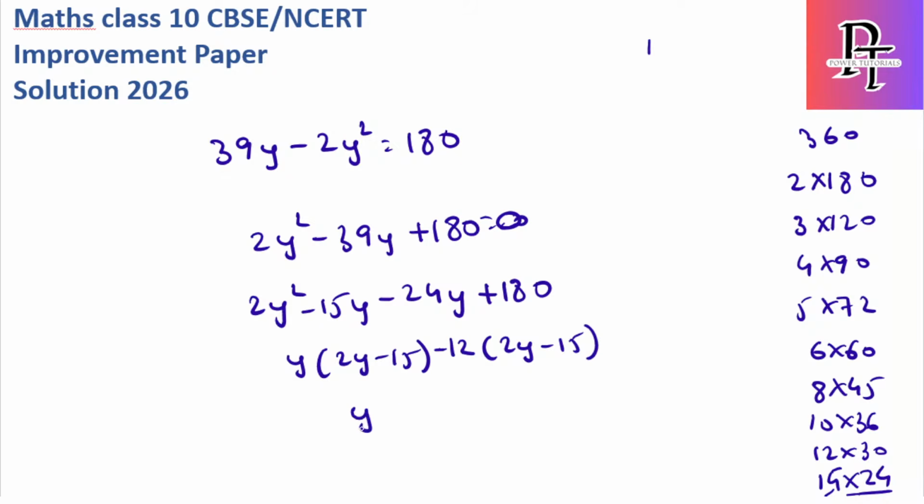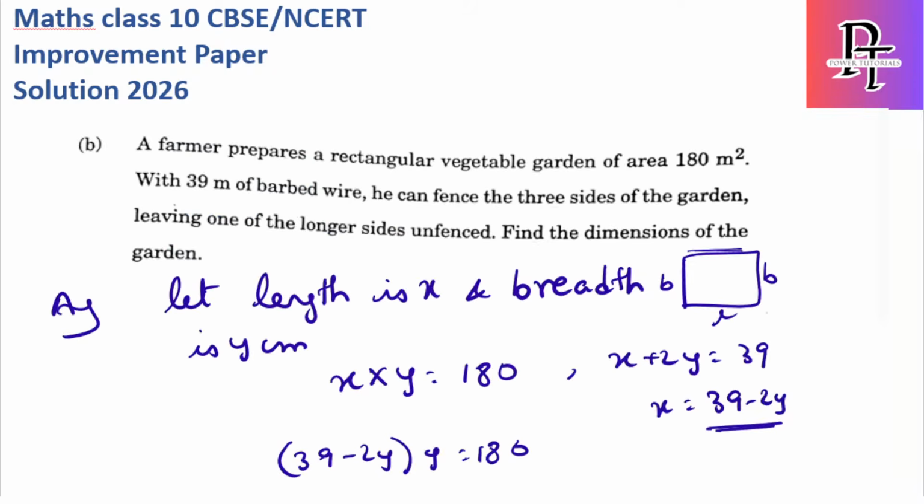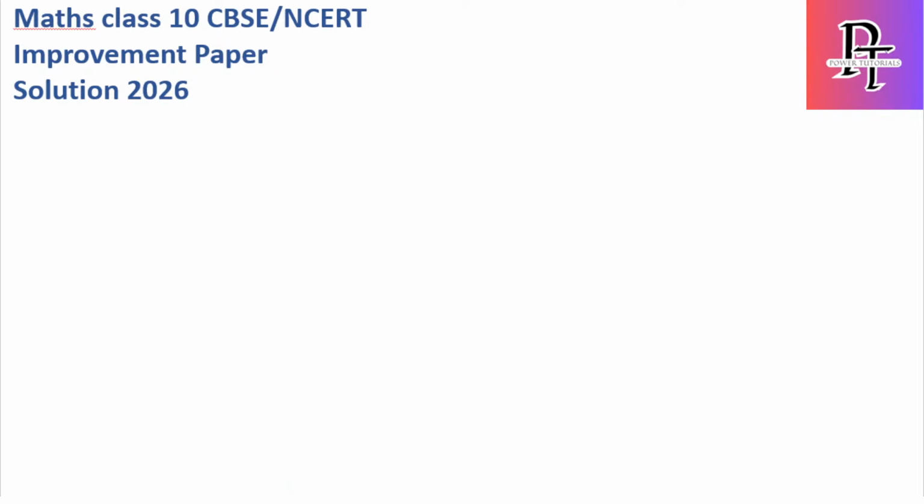So I'll get the y value as 12 comma 15 by 2. So breadth can be 12 or breadth can be 15 by 2. Did they mention it should be a natural number? No, they haven't mentioned anything such. So we have to write both the cases.